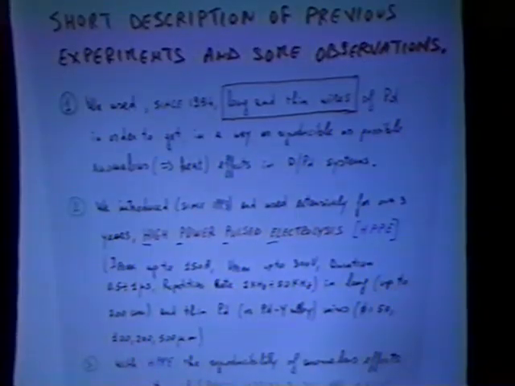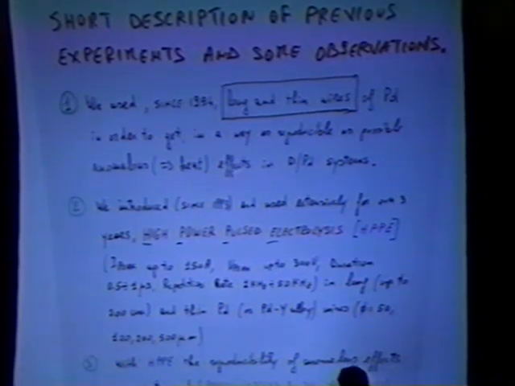Shortly, I want to present what we have done up to now. We used pulsed electrolysis, long and thin wires. Before, it was just a technological aspect. We have seen that when the wire was long and thin the system did more HSC, so just a technological aspect.